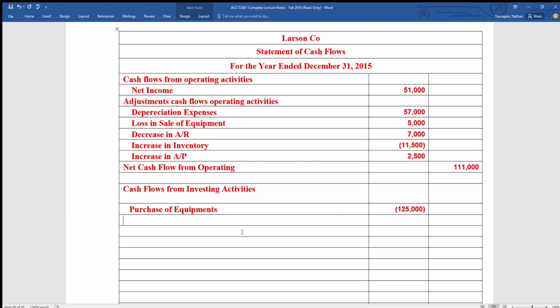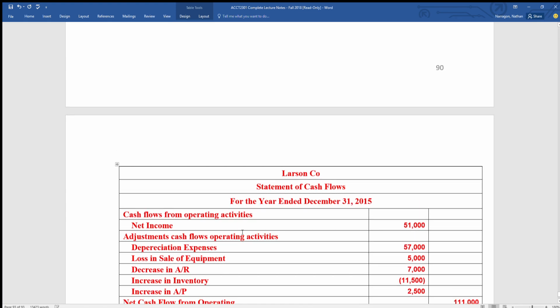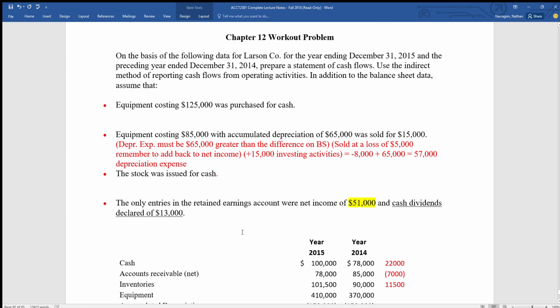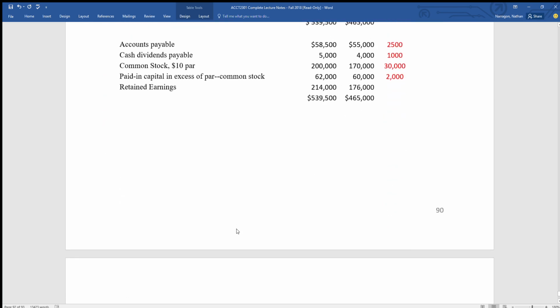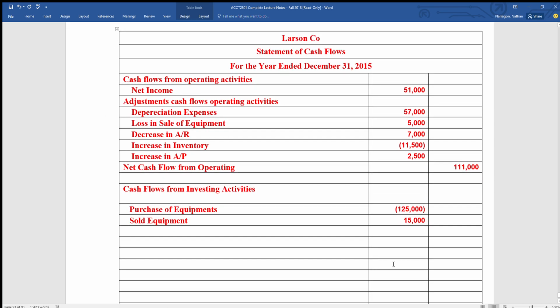And then we sold equipment for 15,000. Again, cash went out for the purchase, and then cash came back in for the sale. Nothing else really happened. Okay, so 125.